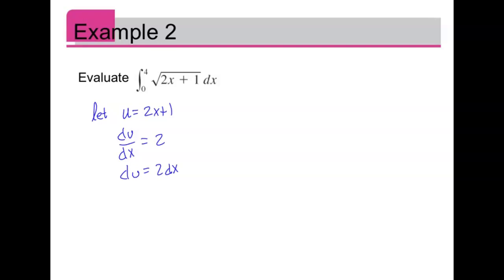All right, so this is going to get subbed out for u, right? Do I have 2 dx? No, but that's okay because all that is a constant multiple. So I'm just going to divide the 2 over and say half du is equal to dx, right?